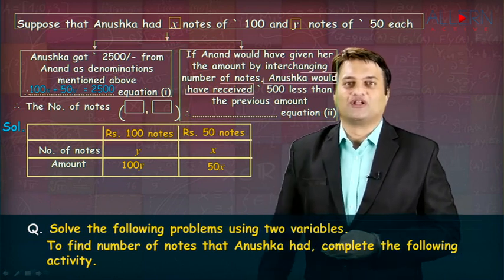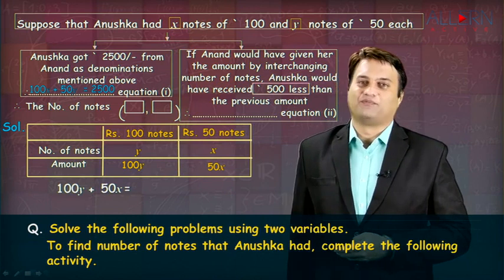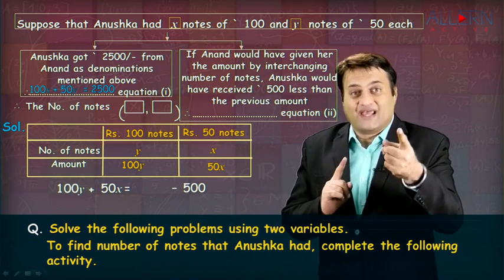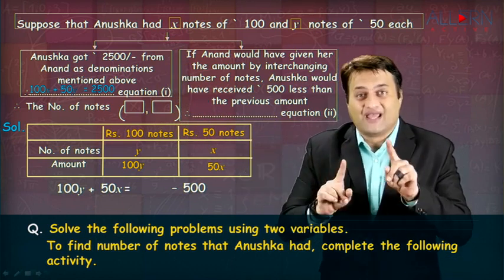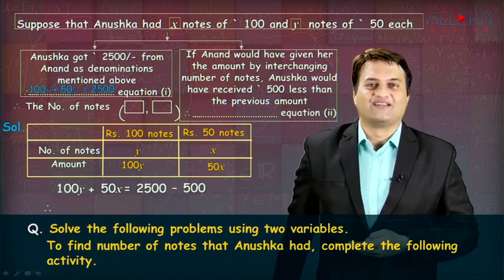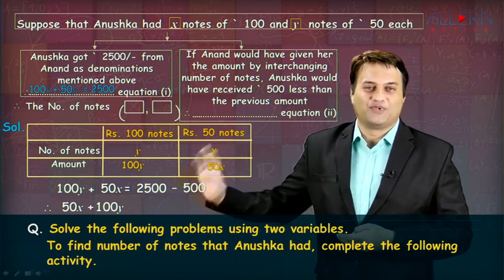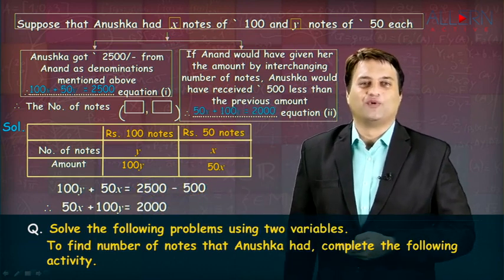So now the total amount is 100y plus 50x. He would have received 500 rupees less. Initially they had 2500, now 500 rupees less. So it is 2500 minus 500, that is 2000 rupees. So this time the equation is 50x plus 100y is equal to 2000. Let this be equation number 2.